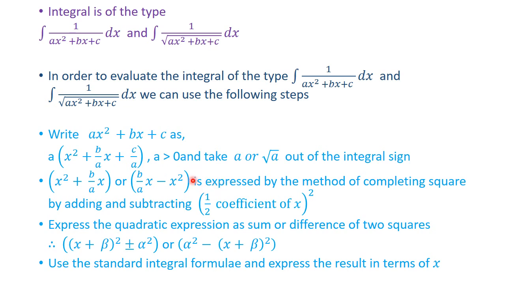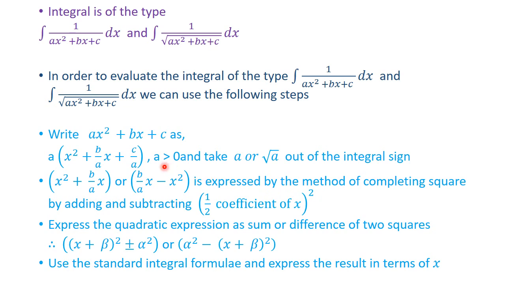Third term is equal to half into coefficient of x, bracket square, isn't it? Half, which is a constant, into the coefficient of x, whatever it is, it may be plus, it may be minus, it may be in rational form or integer form, isn't it? Therefore, half into coefficient of x, bracket square.